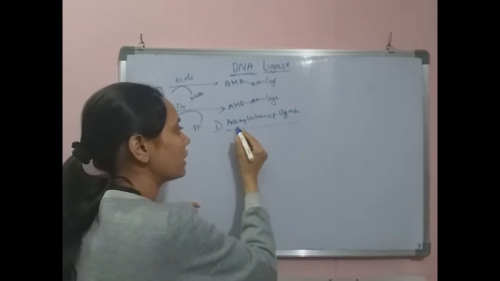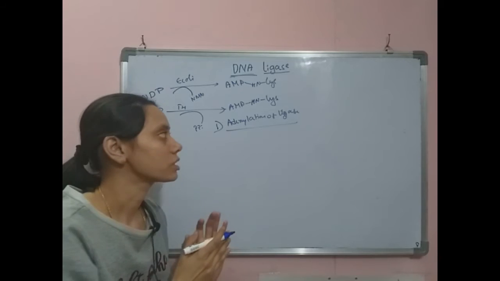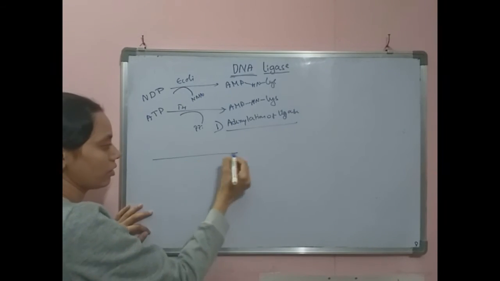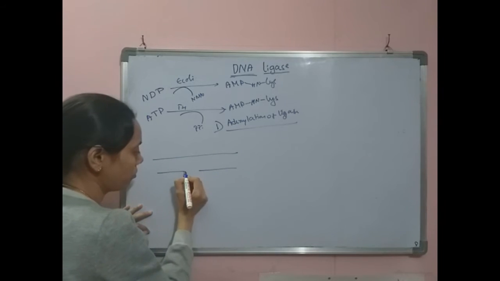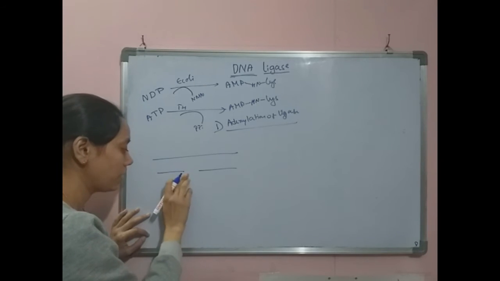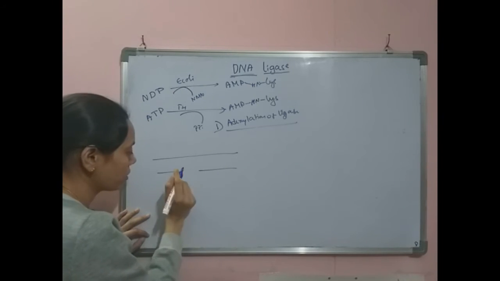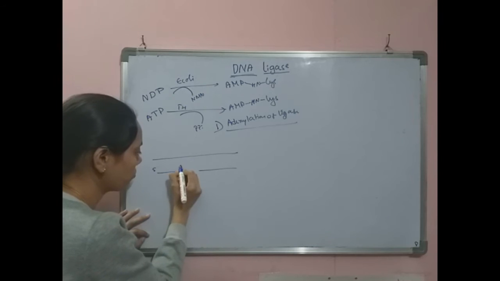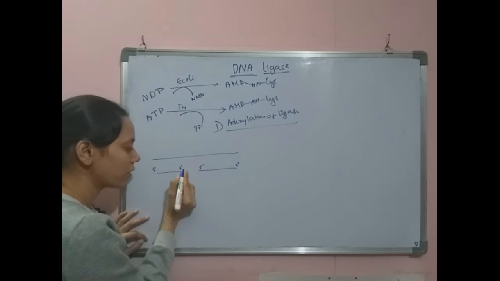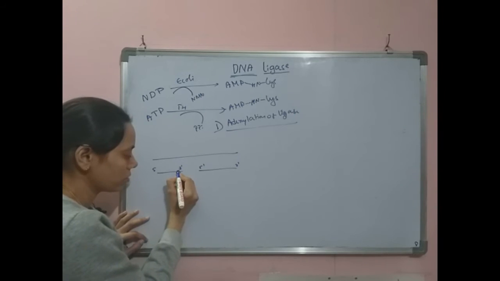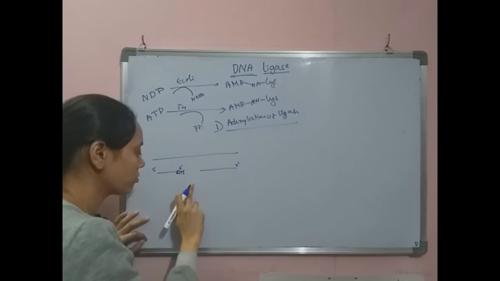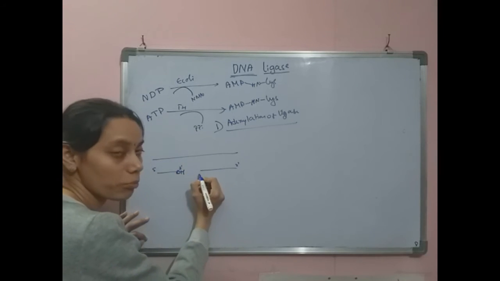After adenylation of this ligase, how does it work? If this is the DNA that has a gap that has to be sealed, this is the 5' and 3' end, and this is again a 5' and 3' end. At the 3' end there will be an OH group, and at the 5' end there will be a free phosphate group.